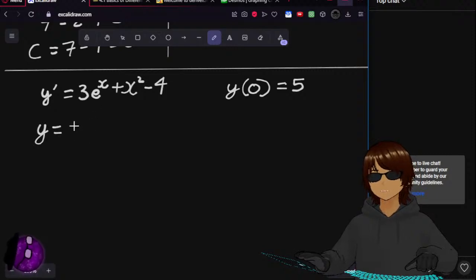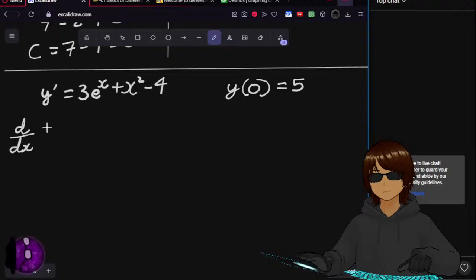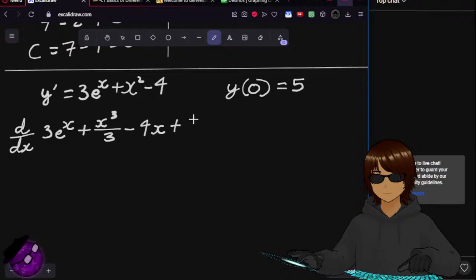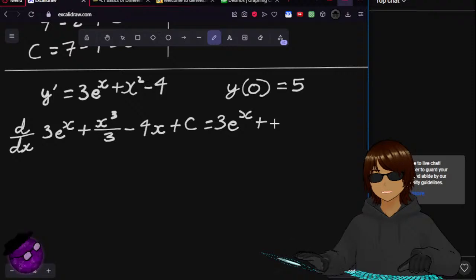The derivative of all this is equal to 3e to the power of x plus x squared and then minus 4.